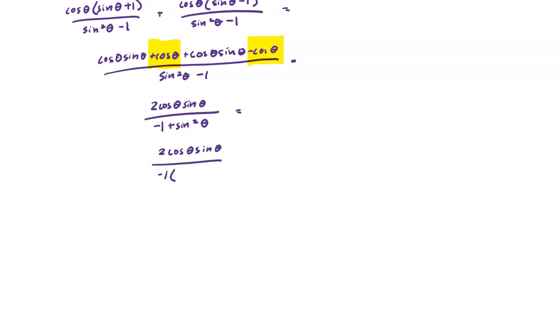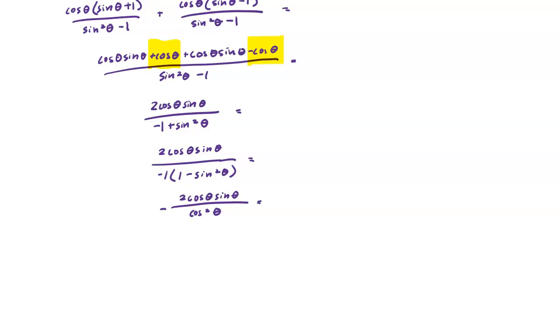Take out a negative 1, and I get a 1 minus sine square theta. And 1 minus sine square theta is cosine square theta. Sine theta over, let me just put the negative out here, and that's a cosine square theta.